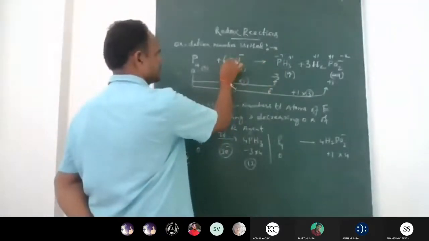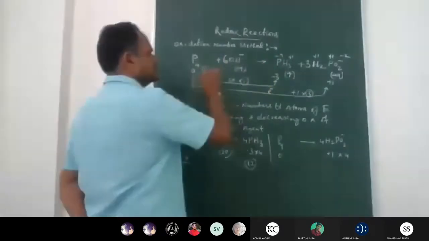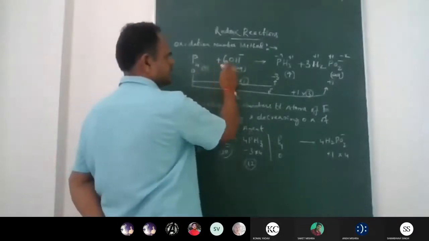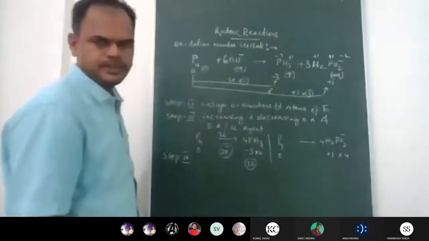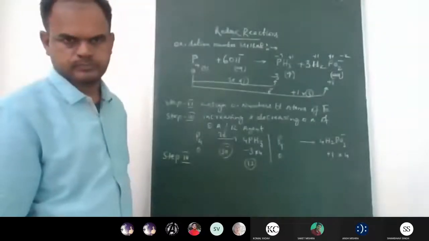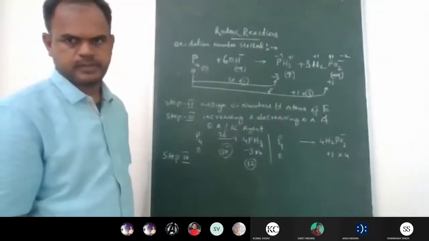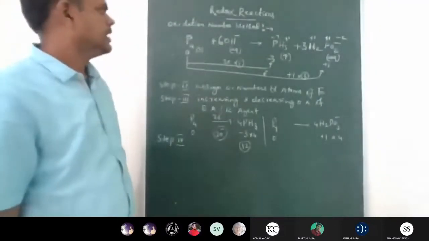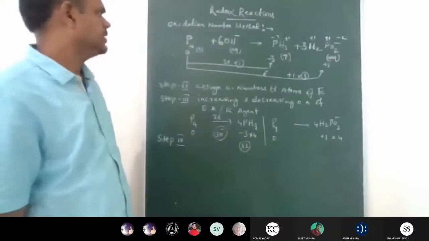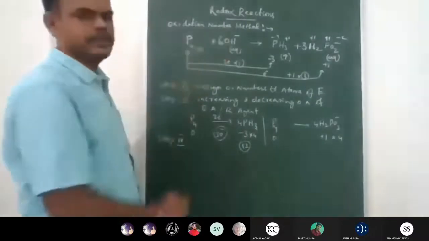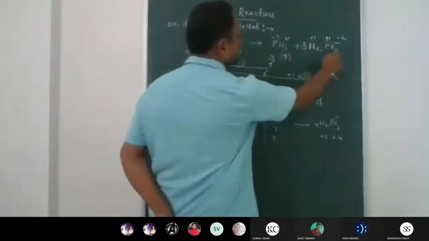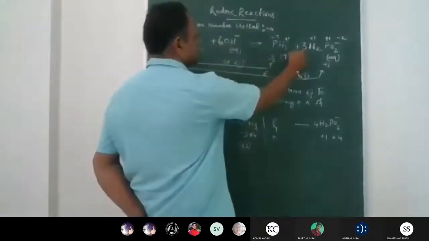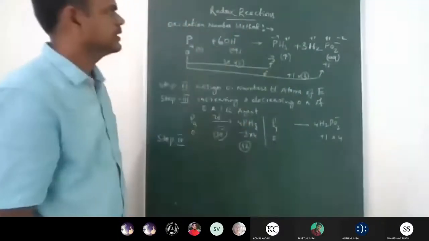So I put 6 here, and the oxygen atoms on both sides are balanced.